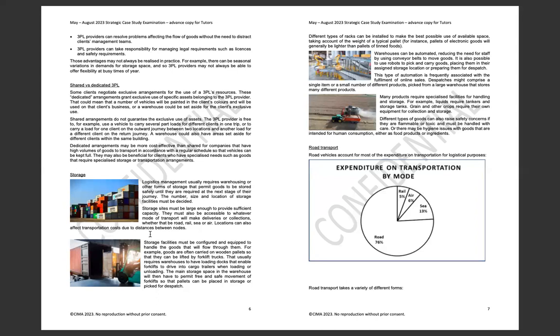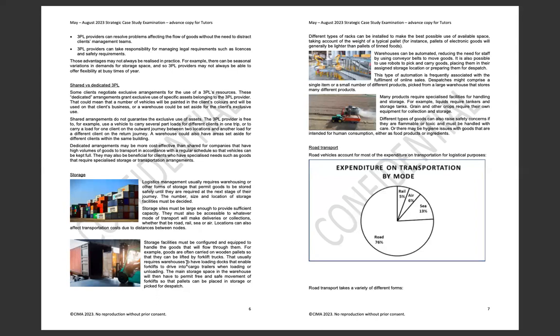All right. Storage facilities must be configured and equipped to handle the goods that will flow through them, right? Some are refrigerated, right? Others are just normal containers or storage facilities. Wooden pallets so that they can be lifted by forklift trucks.